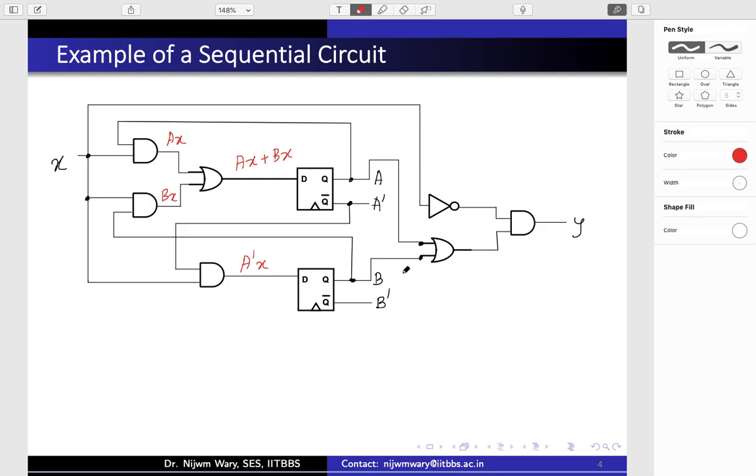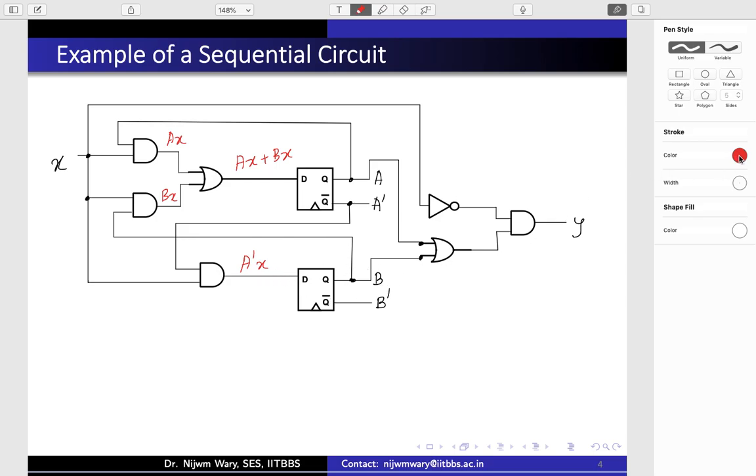So now I can easily write my state equation. We can easily identify that it's just how you're writing the output of this D flip-flop in terms of its input. Similarly, the output of this other D flip-flop in terms of its input.